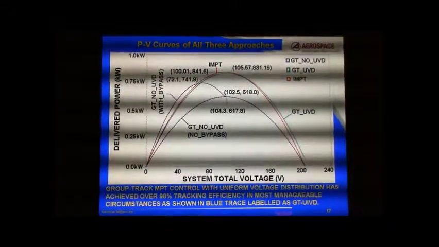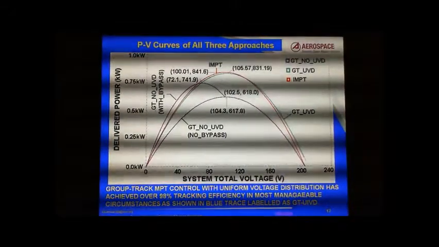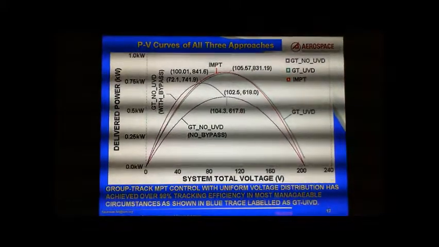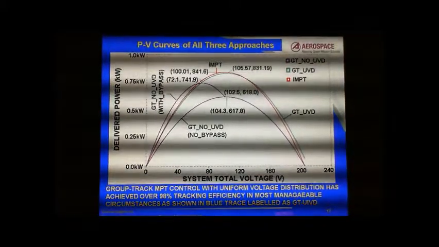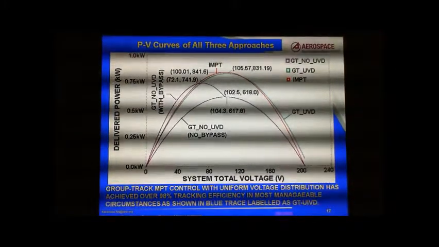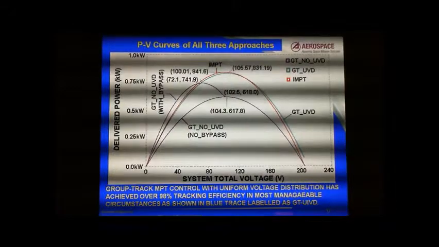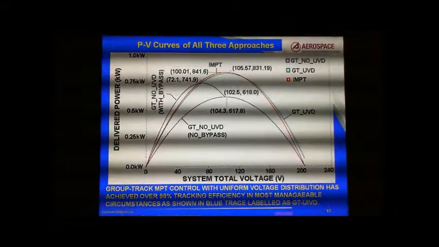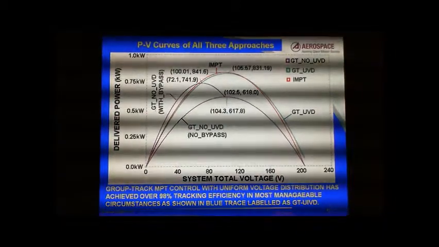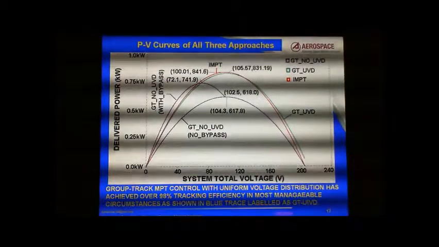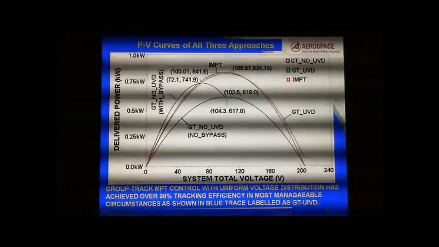This slide summarizes the power versus voltage characteristic of the three approaches mentioned previously. The approach of independent maximum power tracking, shown in the red curve, delivers 842 watt peak power.